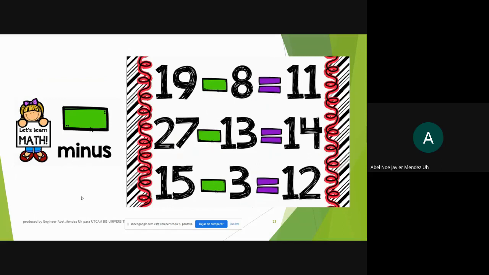In the second operation, how do you say? 27 minus 13 equals 14.